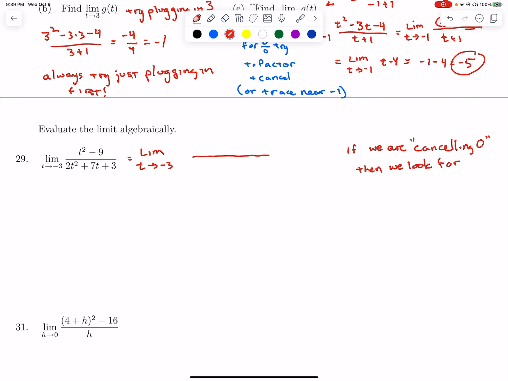Let me write it this way. I'll add the limit as t approaches a.